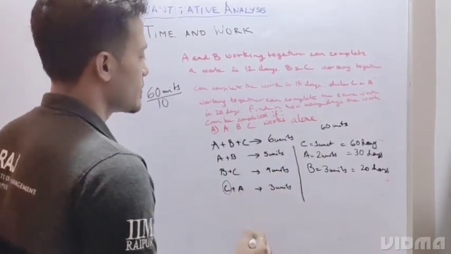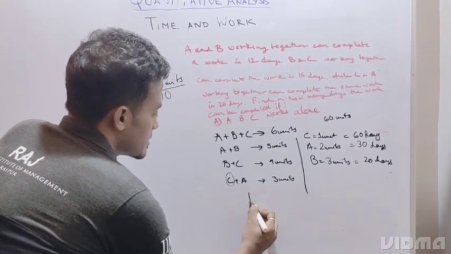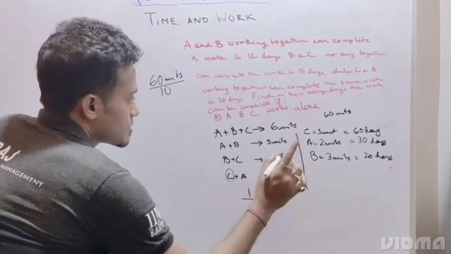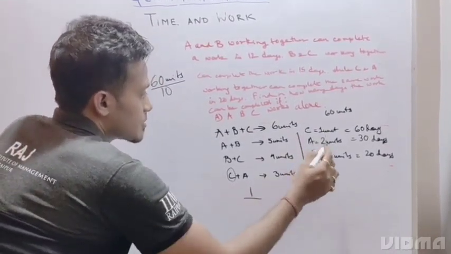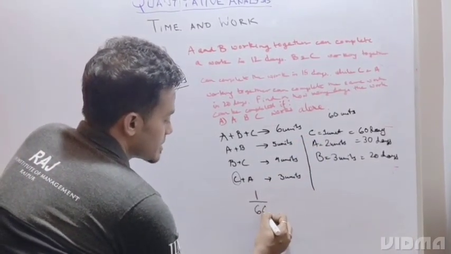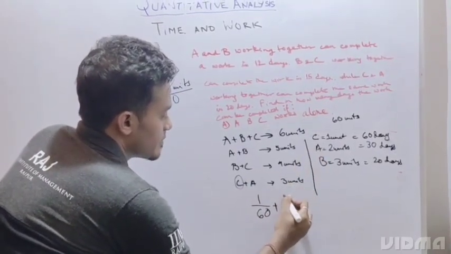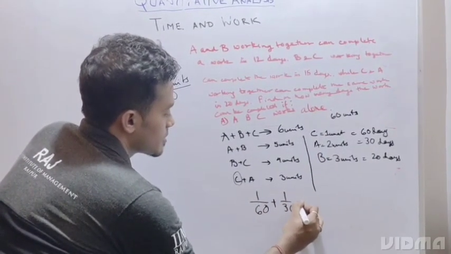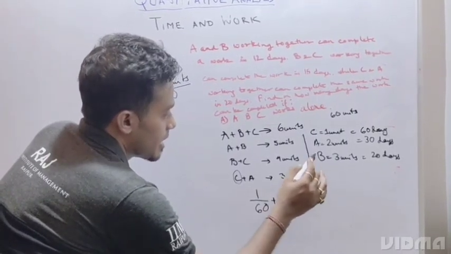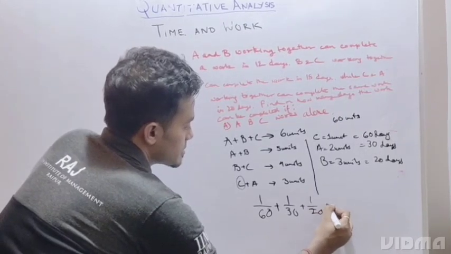But to recheck, what we are going to do is simply calculate what work they are going to do on each day. C will do 1 by 60 of the work. A will do 1 by 30 of the work in one day, and B will do 1 by 20 of the work in each day.